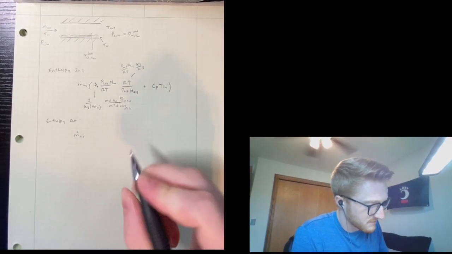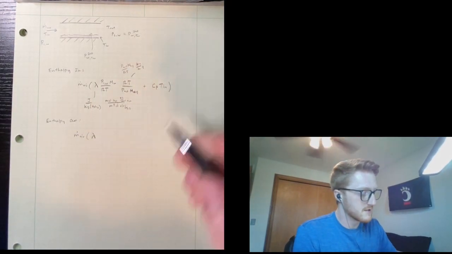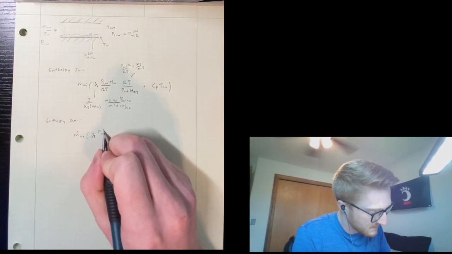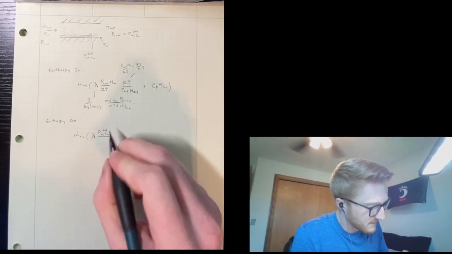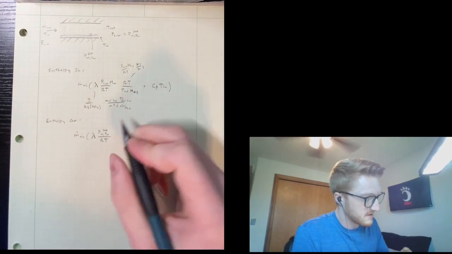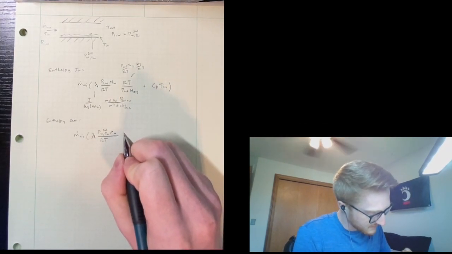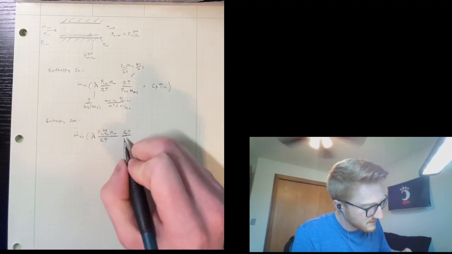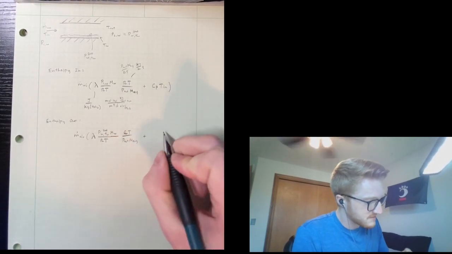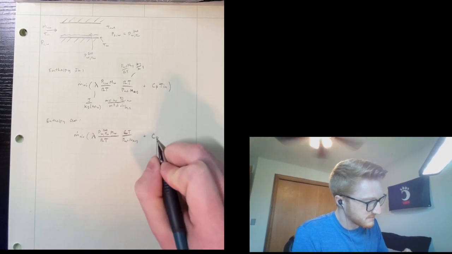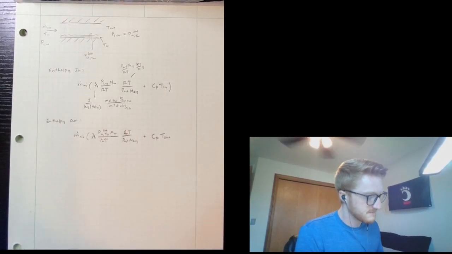So we're going to have our mass flow rate of our air times our heat of vaporization, but now we have our saturated water leaving, so we're going to have the saturated partial pressure of the water at the temperature of TW divided by the gas constant times temperature, and again we want this in terms of mass, so we're going to multiply by the molecular weight of water, and then same thing, we're going to multiply by the gas constant times the temperature over the total pressure times the average molecular weight, and we're going to add our sensible heat going out, which is going to be our Cp times our temperature out, and we're going to use a reference of 0 again, so we're going to just have T out.